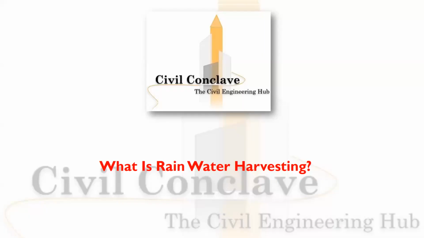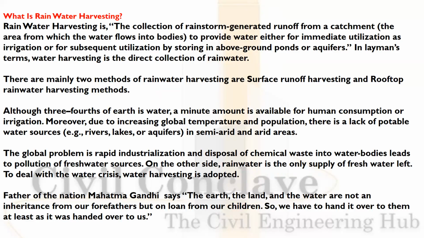Today, we are going to discuss what rainwater harvesting is, what the benefits are, and what procedures are to be adopted to do the rainwater harvesting system. What is rainwater harvesting?